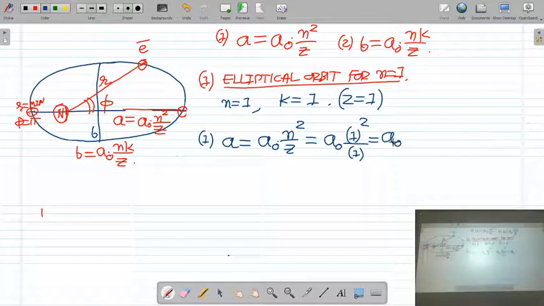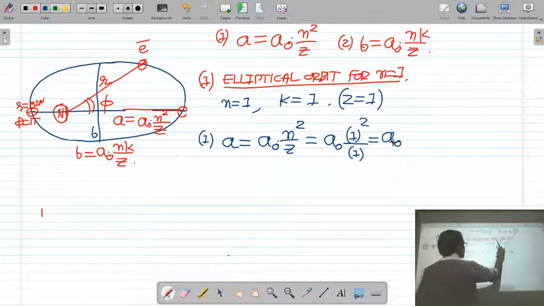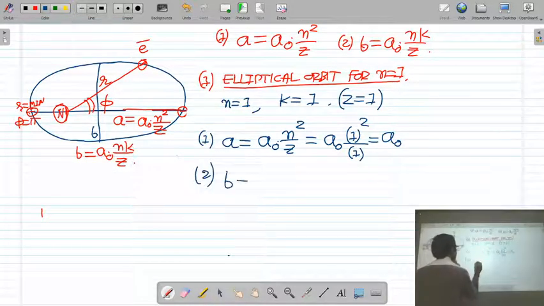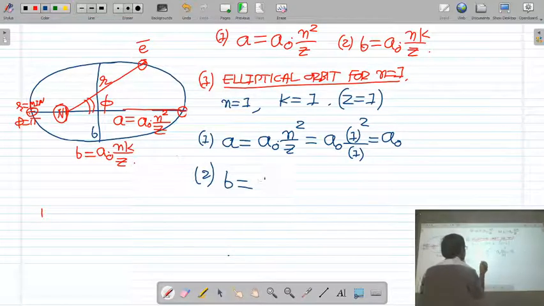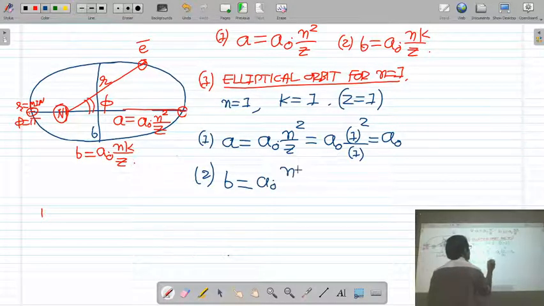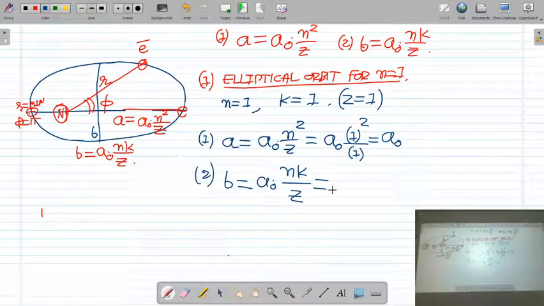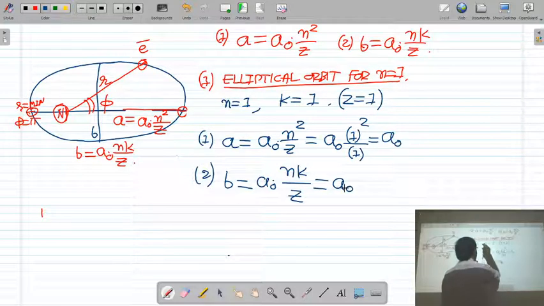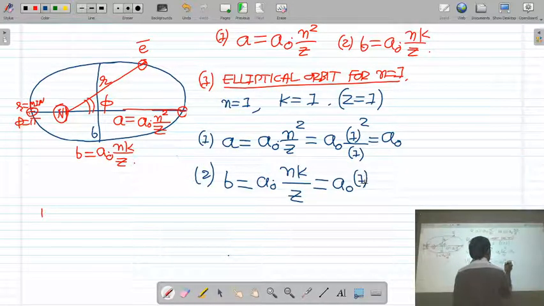So the length of the semi-major axis comes a0. Second thing, the semi-minor axis b is a0 n k upon Z. a0 is the Bohr radius, the value of n is 1, the value of k is also 1, and Z is 1.